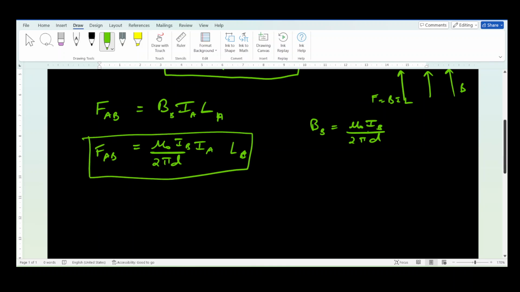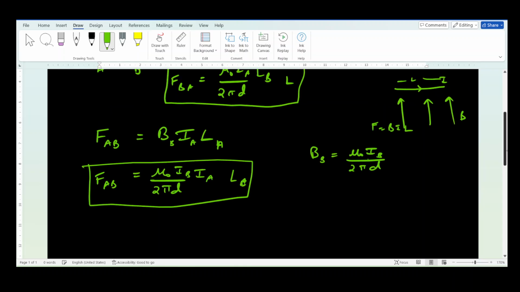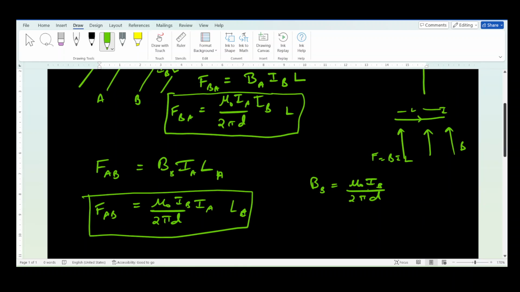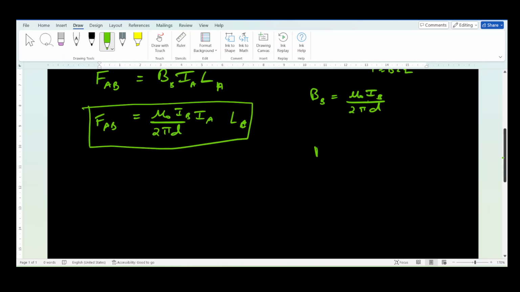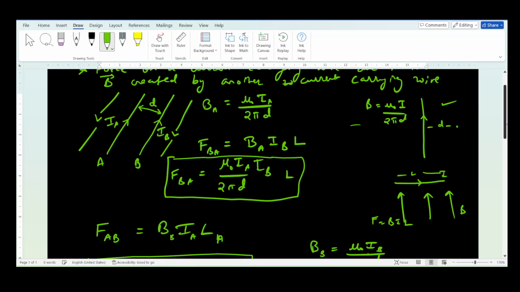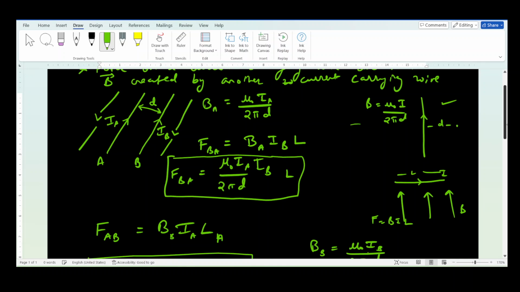Now you notice that FAB and FBA both have the same value. Here you have IA multiplied by IB, and here you have IB multiplied by IA. So both are equal, all other terms are the same. So we can write FBA is equal to FAB. The only difference is that the direction of the force is opposite.